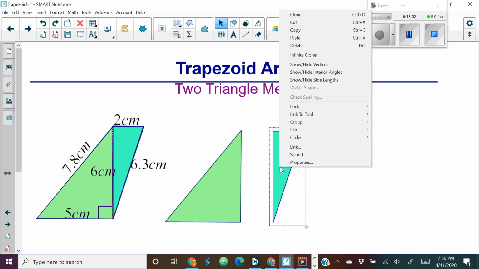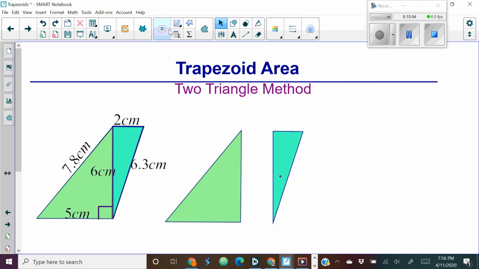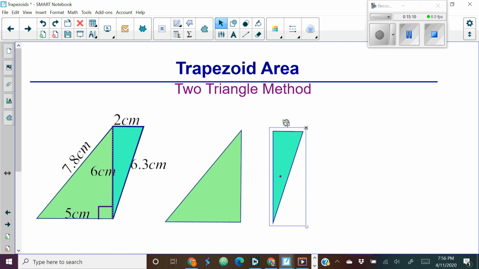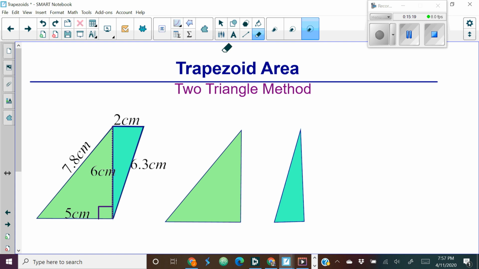Like I did the last time, I'm going to rotate this triangle here. So it's a little bit easier to kind of think about where that base is. And in order for me to find the area of these shapes, I need to put the base in of each. So this has a base of 5.